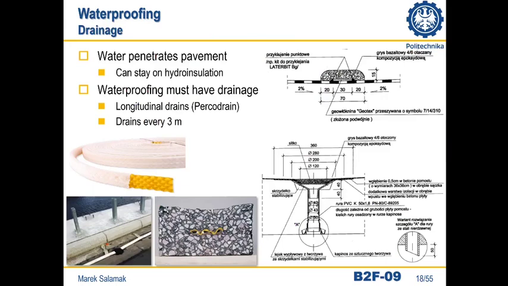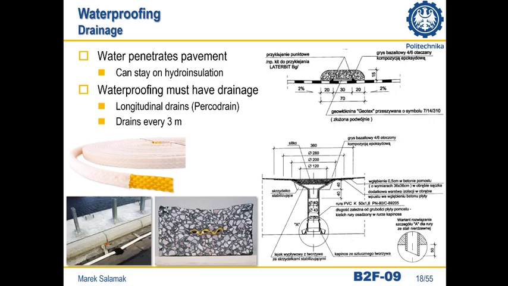Waterproofing on the platform should be drained additionally. Water may penetrate the surface and remain on insulation. At low temperatures, below freezing, it may freeze and burst asphalt pavement. We see it later in the form of numerous cavities on the road.